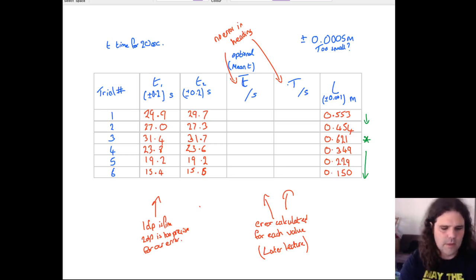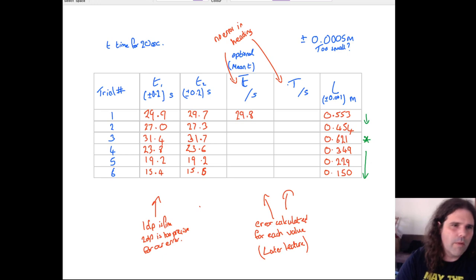So 27.9 and, oh no, 29.9, and it helps you read out the right numbers. 29.7, okay, divided by 2 gives you, obviously, 29.8. Now that's nice and easy.